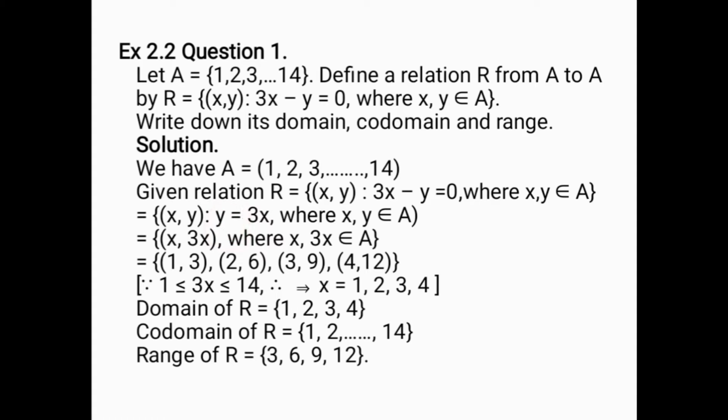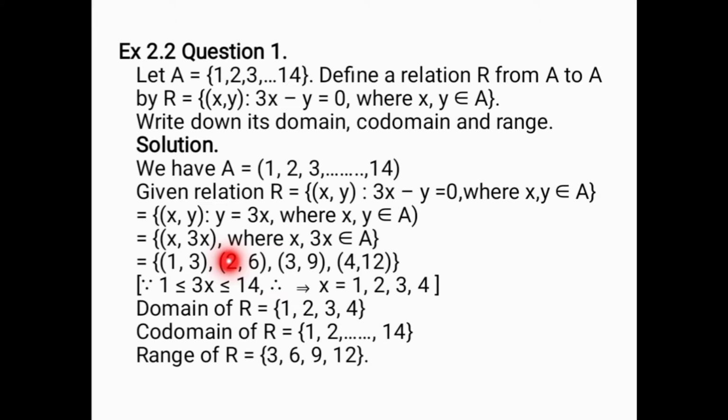See, 3x minus y equal to 0, so y equal to 3x. We are rewriting the formula y equal to 3x. Now (x, y): in the place of y you write 3x, where (x, 3x) belongs to A. Now we are substituting x equal to 1, then y equal to 3 ones are 3.